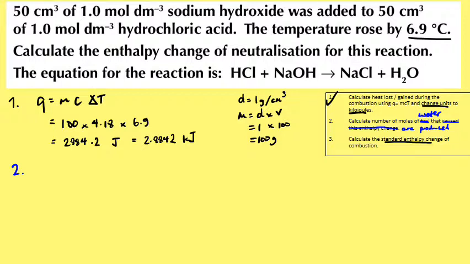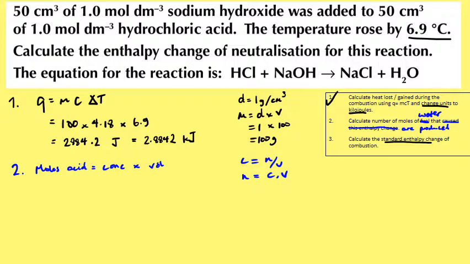So let's start off by looking at how many moles of acid we used. So moles of acid, we could equally do it with sodium hydroxide, but moles of acid used is going to be our concentration of the acid times the volume. And in case you don't quite remember that from the previous section, concentration equals moles over volume, so moles equals concentration times volume.